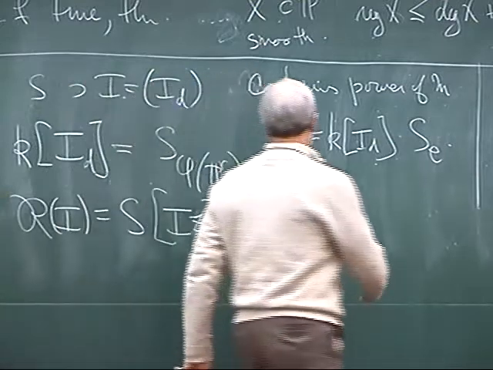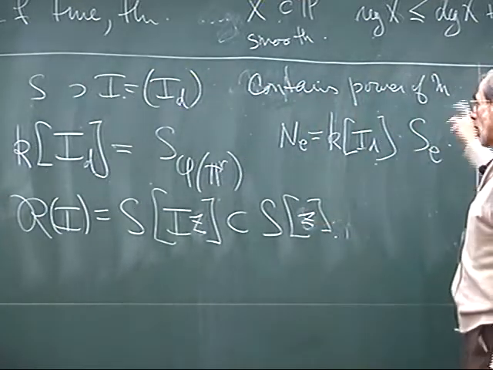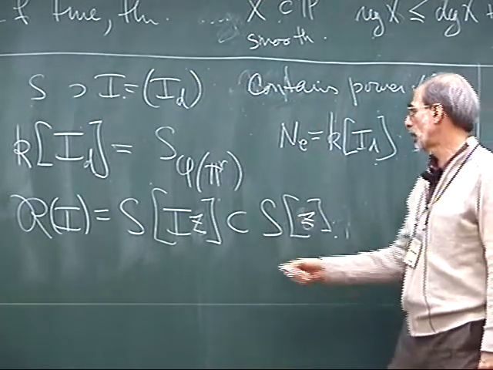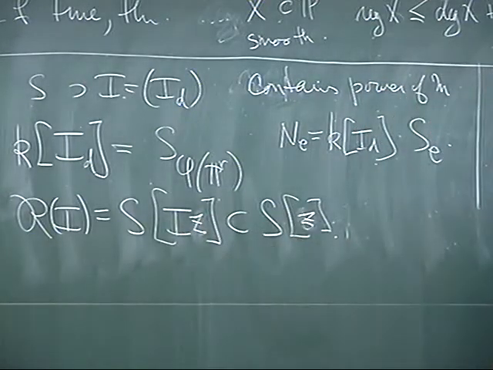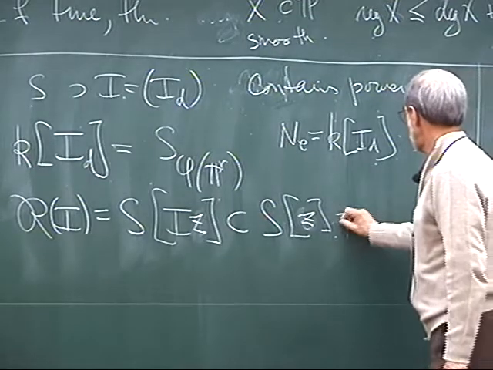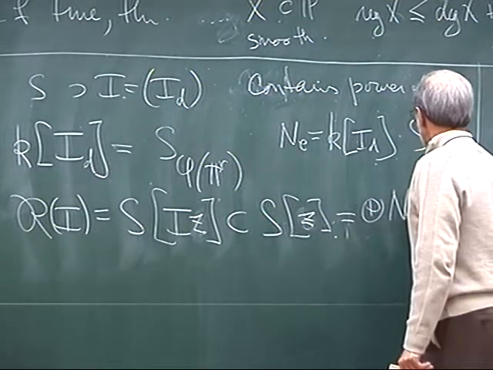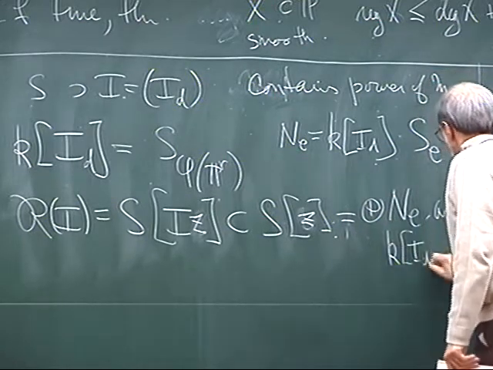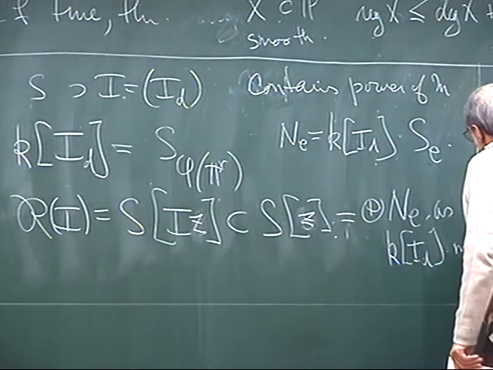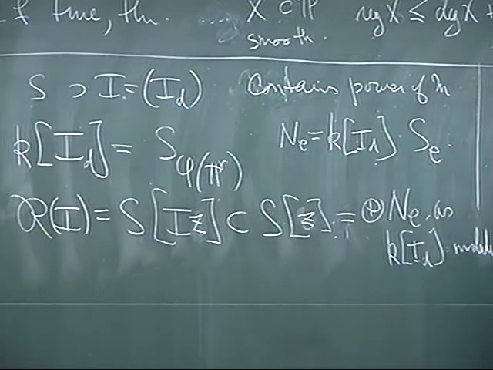In this situation, this is also a module over k of I_d, which is a sub-algebra of it. And this is actually the direct sum of the M sub E's as k of I_d modules. So that's a sort of fine structure of the Rees algebra, which holds just in this case when I is generated by forms of a single degree.